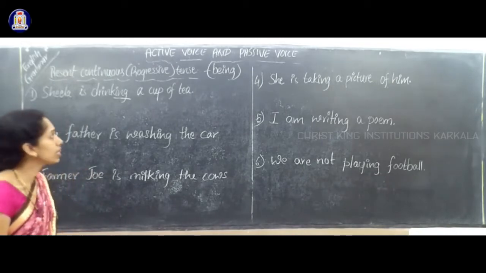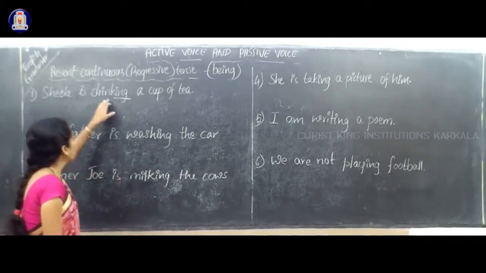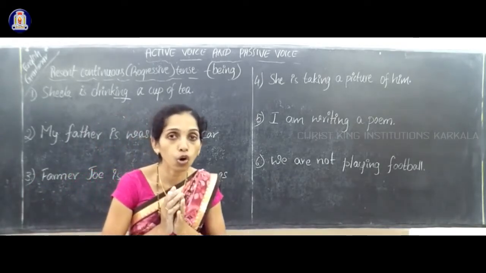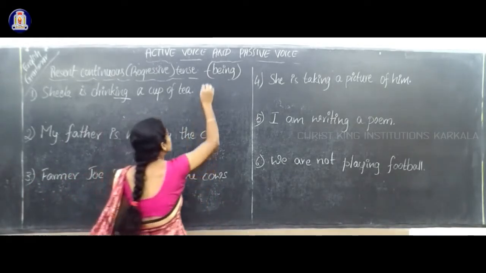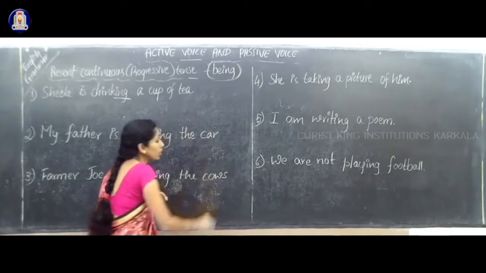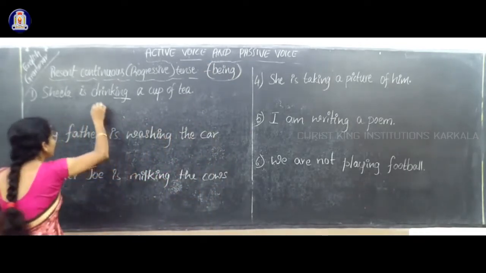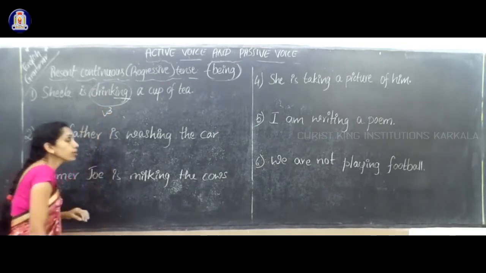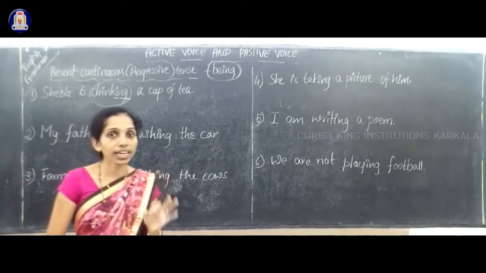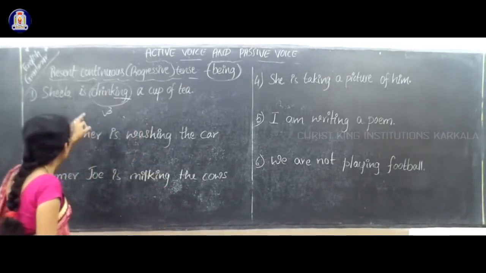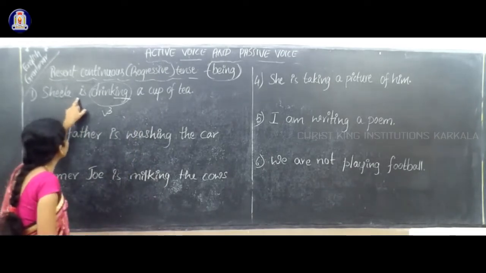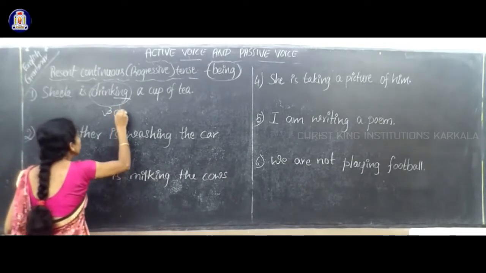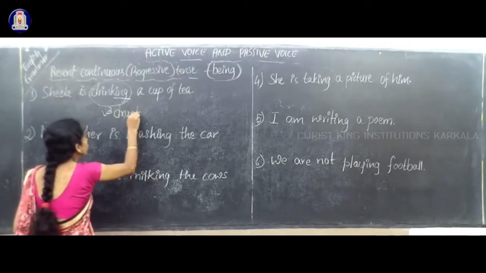In passive voice we have to use being, because we are writing the third form of the verb. Drink, drank, drunk. So drunk is the third form.